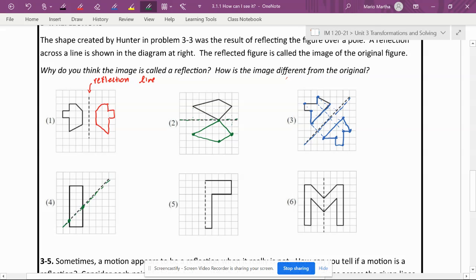So first let's reflect this part of the rectangle. This point would be reflected on this side. We connect those 2. And then from there, this point is this one over here, so we connect those 2. And then we just connect that part. So we got that part reflected.